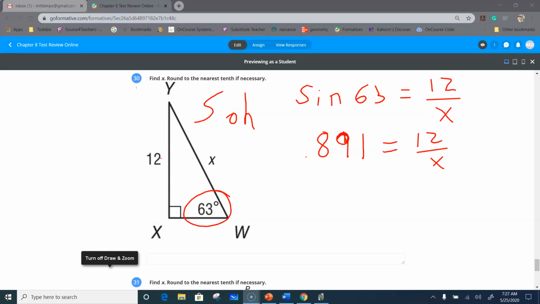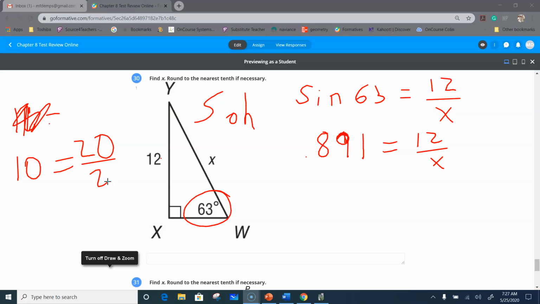How do we solve for x? It's real simple. I say this to you guys in class all the time. 10, for example. Ten is equal to 20 divided by 2.